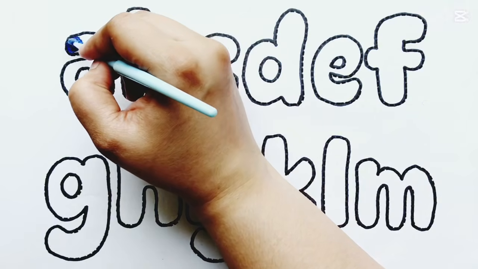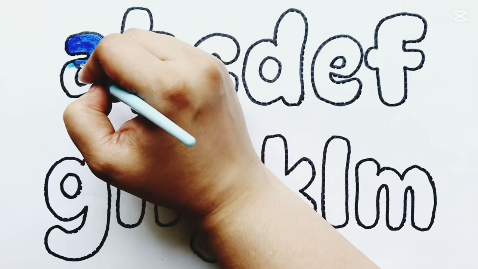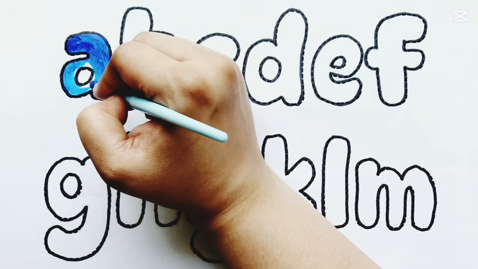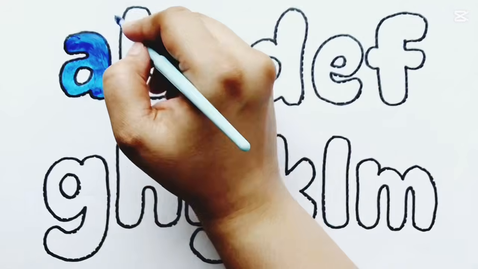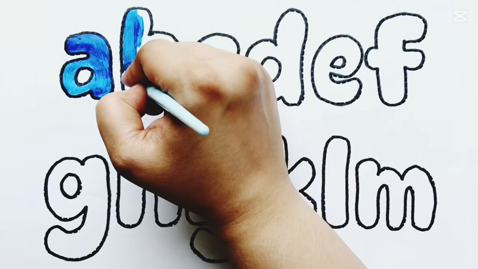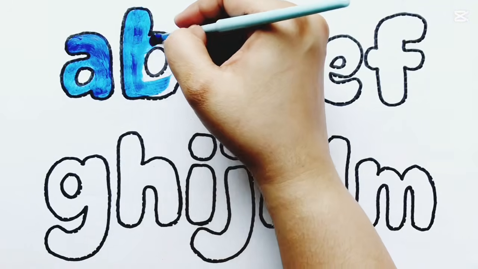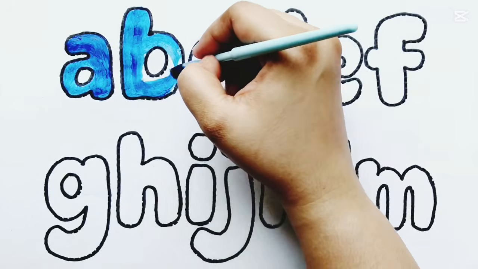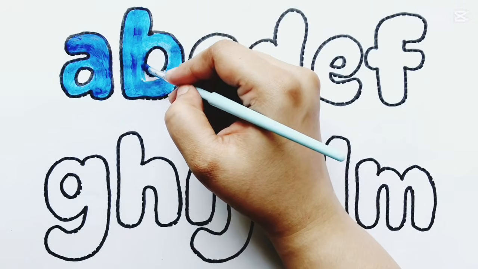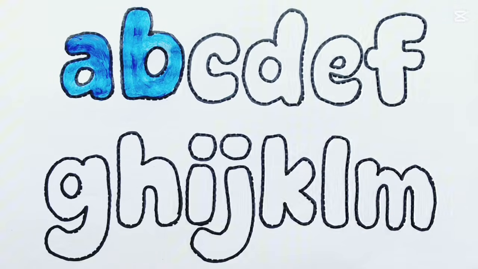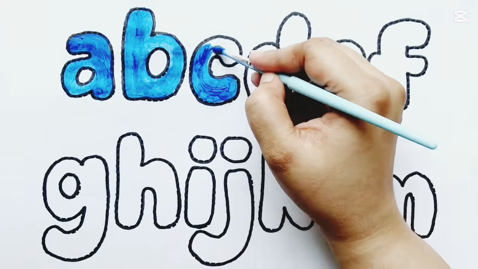Let's paint blue color. A for alligator. B for banana. C for cow.